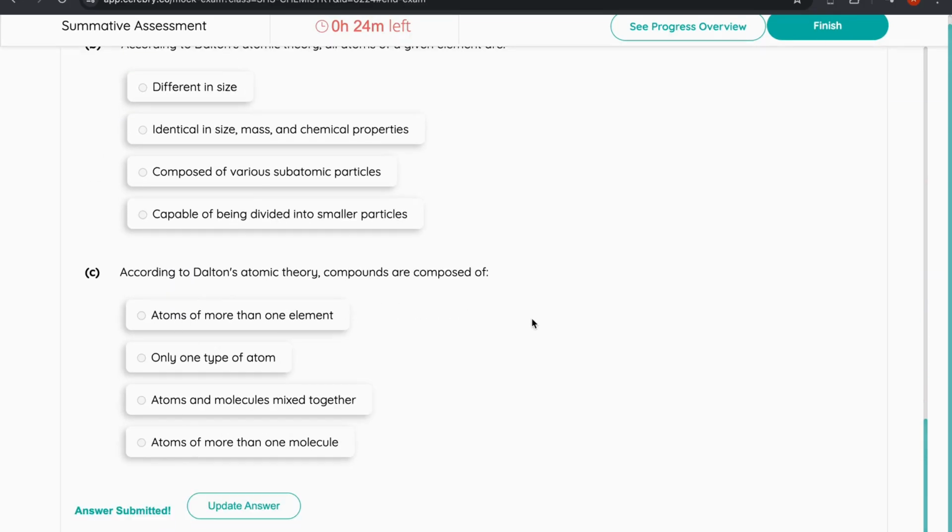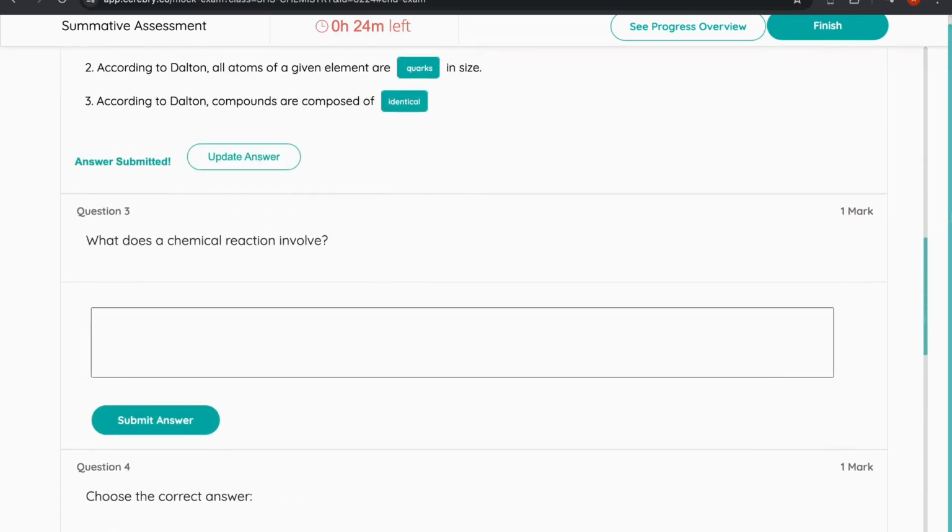Once the student completes a test, they can end the test by clicking on finish. The test will be marked complete in case the student runs out of time.